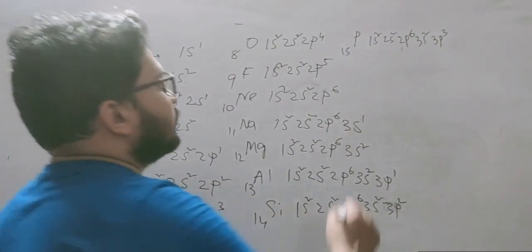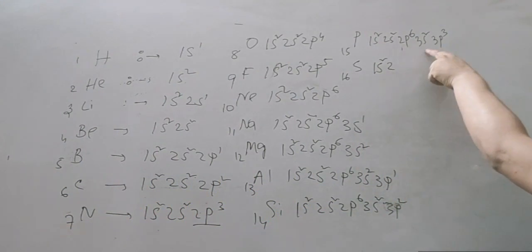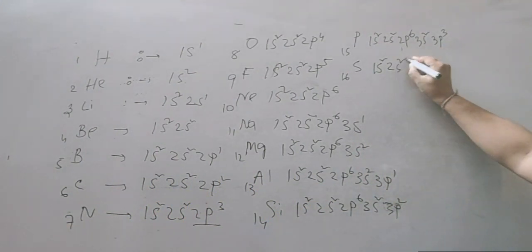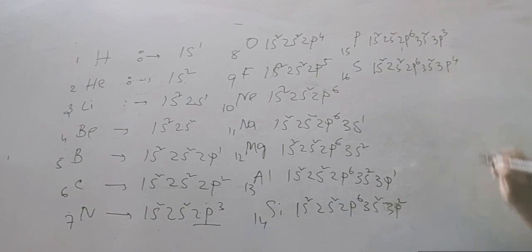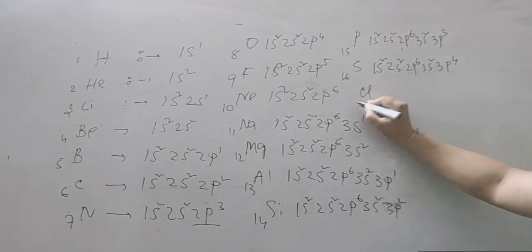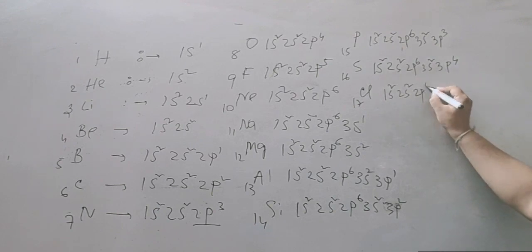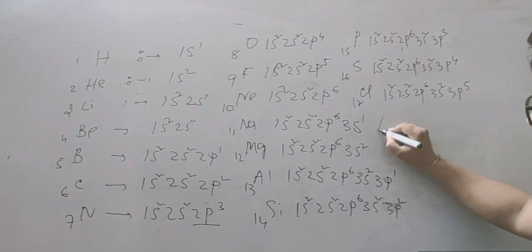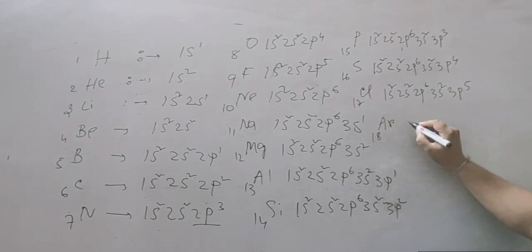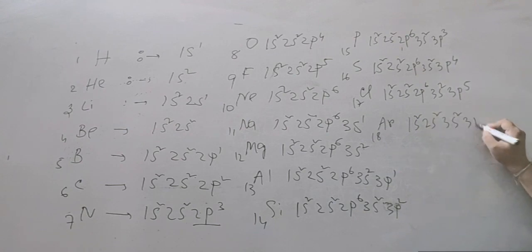Similarly, sulfur, 16: 1s2, 2s2, 2p6, 3s2, 3p4. For chlorine, 17: 1s2, 2s2, 2p6, 3s2, 3p5. For argon, 18: 1s2, 2s2, 2p6, 3s2, 3p6.